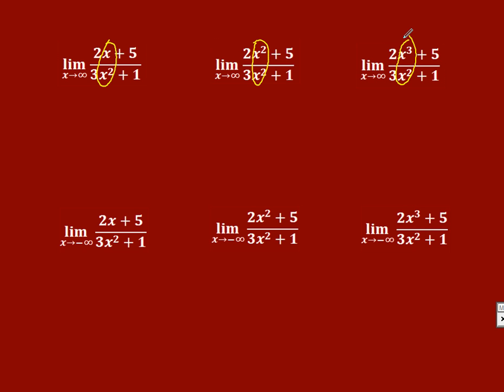We kind of briefly explained this in one of our earlier lessons, but here's the deal. We need to ask ourselves this question: which is growing faster? What I mean by that is which one, the top or the bottom in each of these, is going to be increasing at a bigger rate.